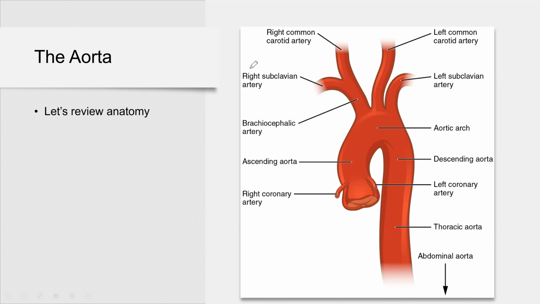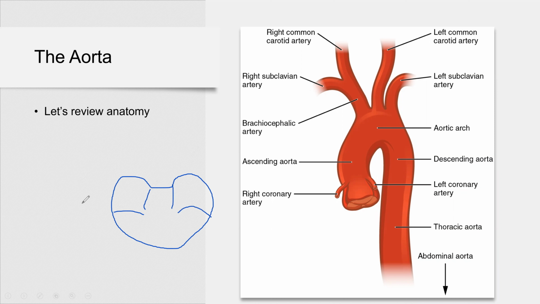Let me just draw it for you very quickly. Here you have your upper chambers, that are atria.